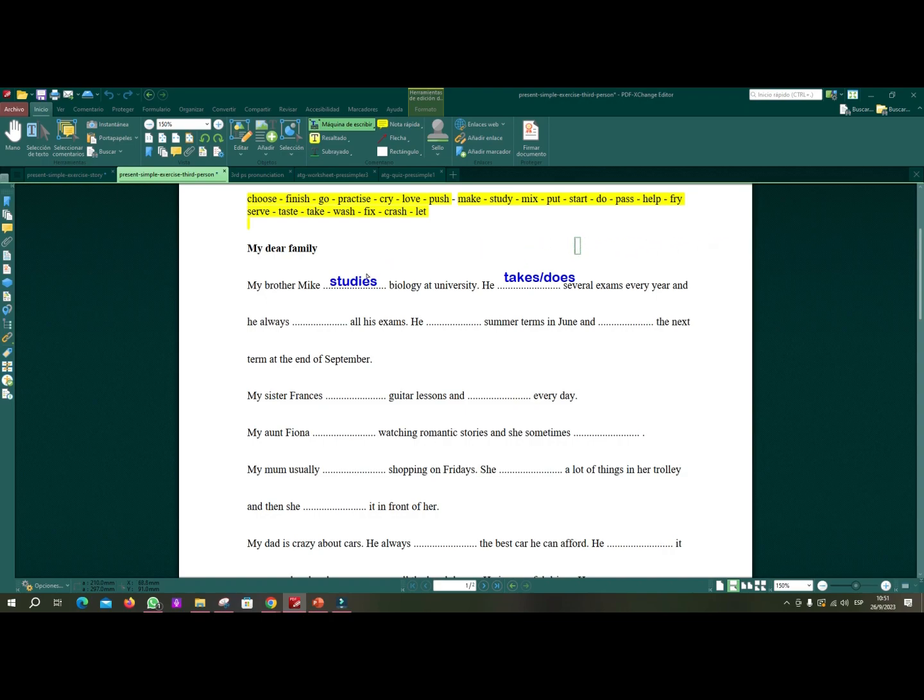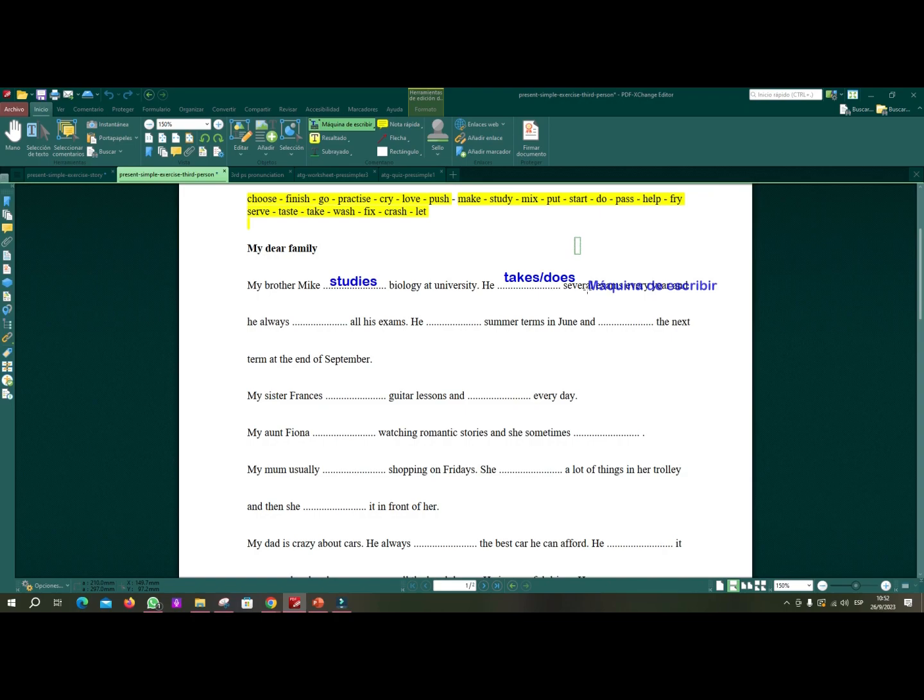Entonces, vean, van a utilizar estos verbos, la lista que tienen acá, para ir completando las oraciones, ¿verdad? Pero recuerden que cuando ustedes tengan terceras personas, de hecho todas son terceras personas, van a cambiar el verbo, ¿verdad? No lo van a escribir en su forma base, sino que utilizando S, ES o cambiando la Y por I, E, S, ¿verdad?